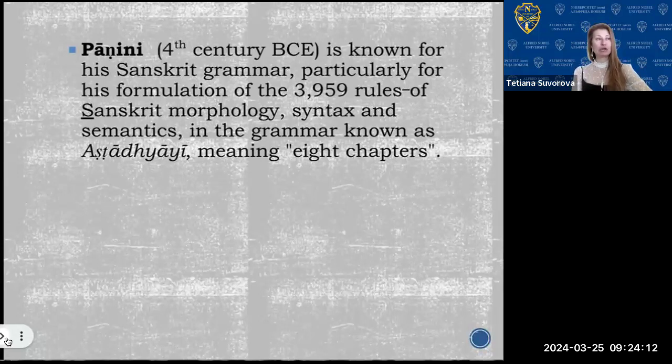Yeah, so this historical method was applied, and scientists have discovered that all languages have something in common, not only proto languages that existed, but proto languages of different families of languages.